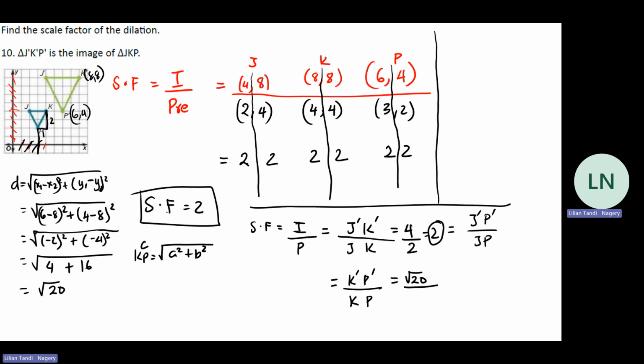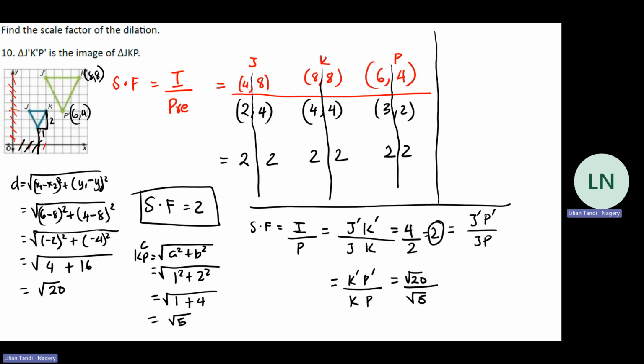I can also do the distance formula. So this becomes 1 squared plus 2 squared, which becomes the square root of 1 plus 4, which is the square root of 5. So I put here square root of 5.